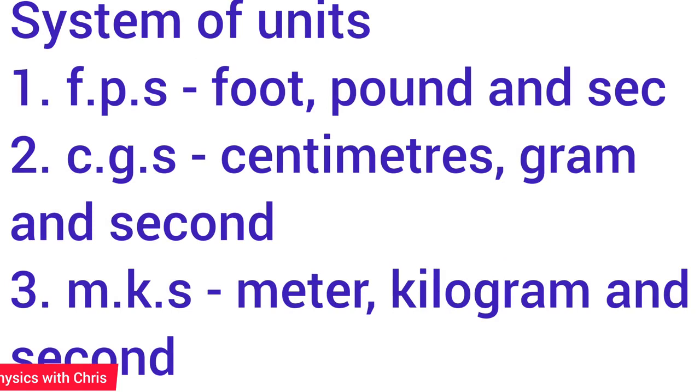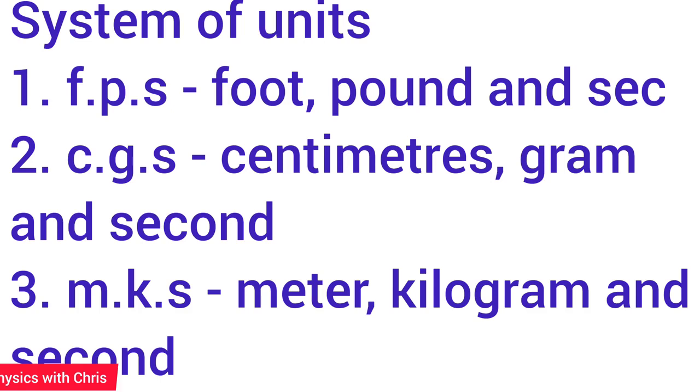Now, there are different systems of units. I'll mention 4 of them here. We have the FPS, an abbreviation for foot, pound, and second. It's a British system of measurement, especially in engineering. It uses foot for distance or length, pounds for mass, and second for time.